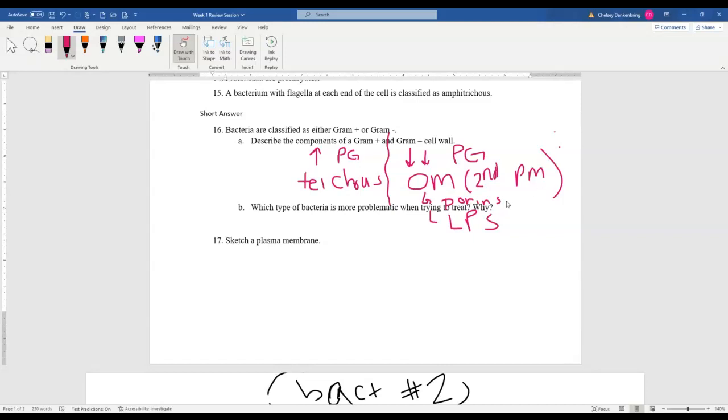Because these little porins that they have have a very specific shape, only molecules with that same shape can get through. That's how they make sure only the right stuff gets in. So antibiotics, which the cells don't want, right? It kills them. The antibiotics aren't going to have the same shape as the porins naturally.